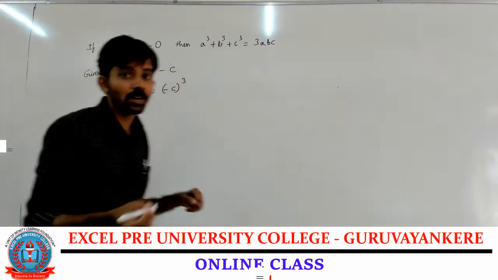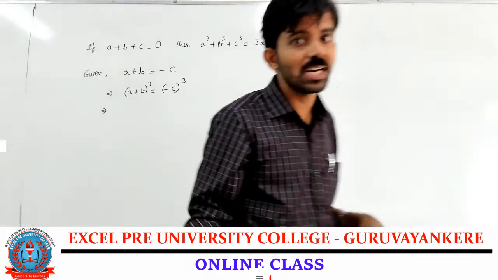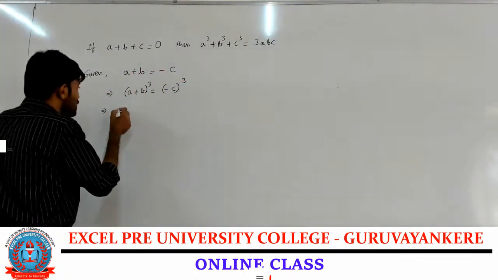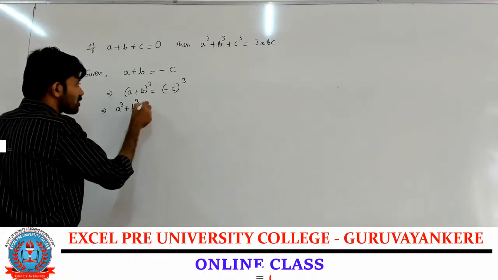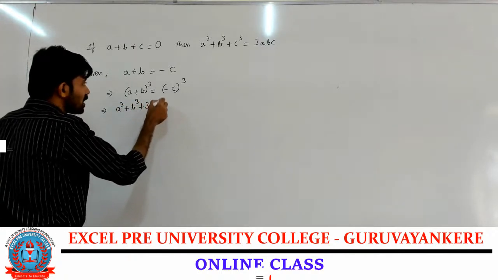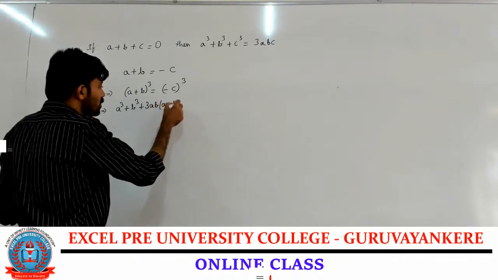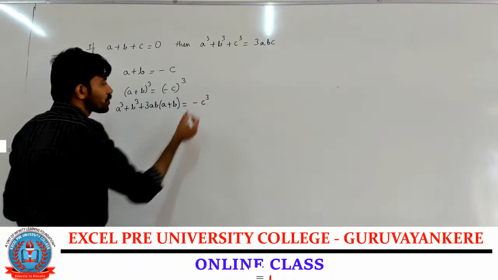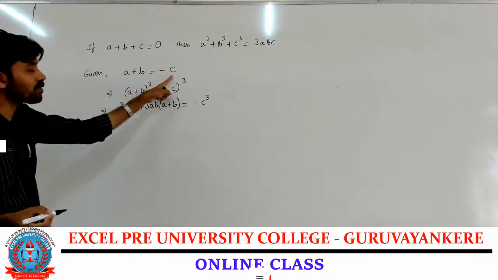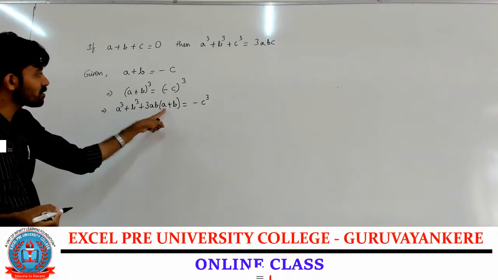We know the formula for a plus b the whole cube, right? Already we learned. A plus b the whole cube is a cube plus b cube plus 3ab into a plus b, is equal to minus c cube. And a plus b is minus c, no? A plus b is minus c.